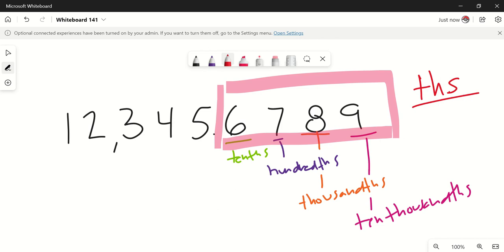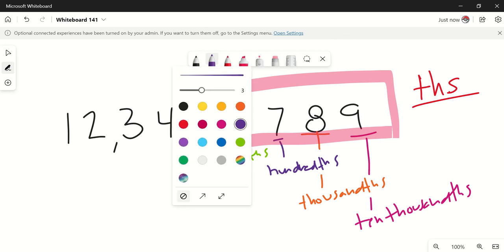Tenths, hundredths, thousandths, 10,000ths. So from left to right, if I were to put this in words and not just numbers, this would be 12,345 and 6,789 10,000ths.